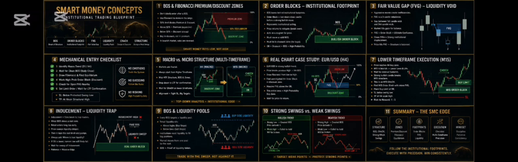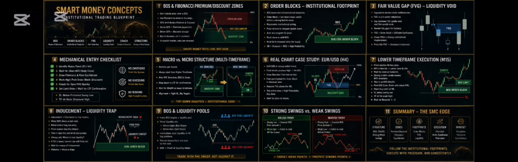You will often see a minor structure break right above a real zone. Retail SMC traders rush to label this a break of structure and enter long immediately. They place their stop losses right below this minor protected structure low. Price then drops suddenly, takes out their stops and taps the real block.